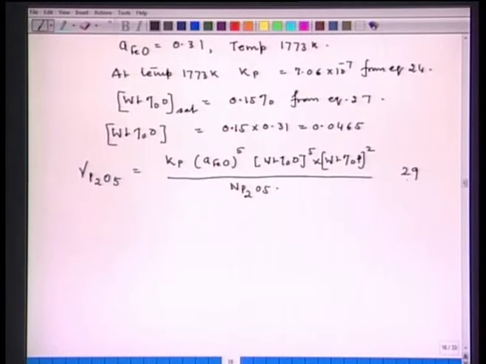Now this equation I just rearranged from equation 28. Now suppose I consider Np2O5 as 0.01 and percent phosphorus let us say 0.1. Then gamma P2O5 comes out to be equal to 1.53 into 10 to the power minus 13.